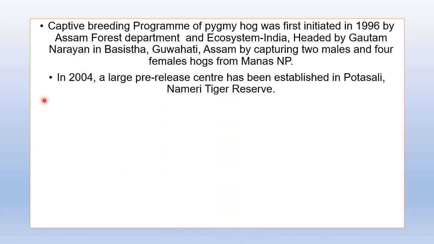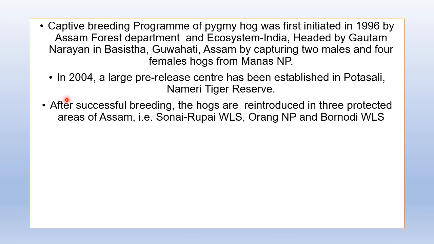In 2004, a large pre-release center was established in Potasali, Nameri Tiger Reserve. After successful breeding, the hogs are reintroduced in 3 protected areas of Assam, that is Sonai Rupai Wildlife Sanctuary, Orang National Park, and Bornadi Wildlife Sanctuary.